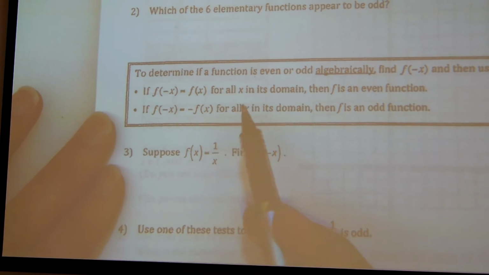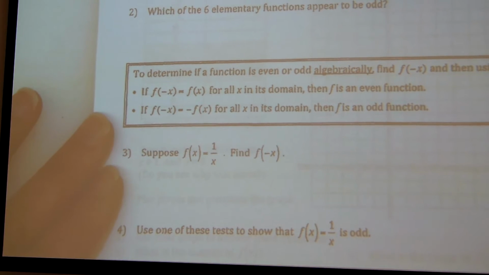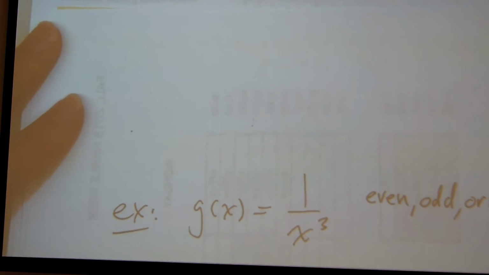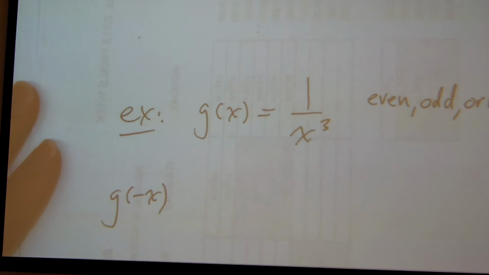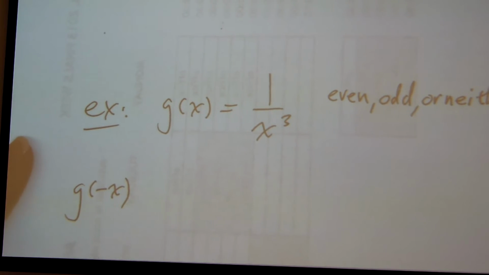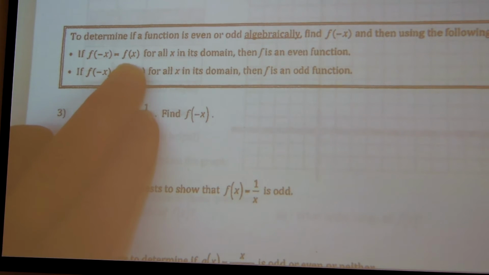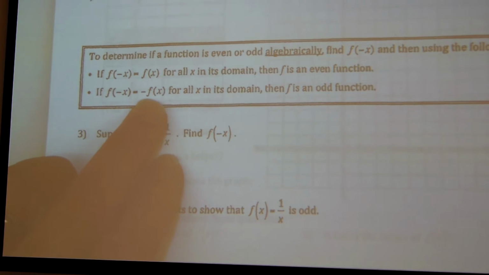The thing that the two algebraic tests have in common is this first side, this f of opposite of x. So the key to doing these tests is to start with inputting the opposite of x into the formula, and then simplifying to see if you can either get back to the original function formula, showing that it's even, or the opposite of the original function formula, showing that it's odd.